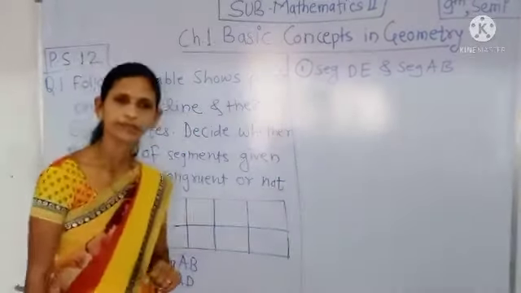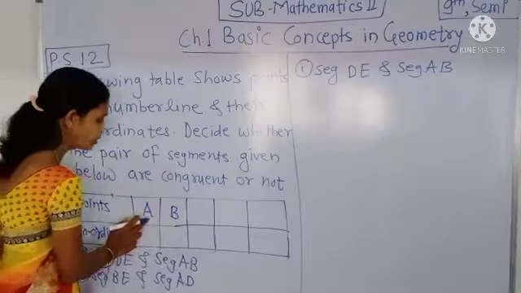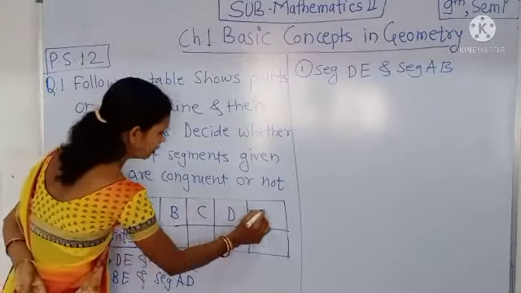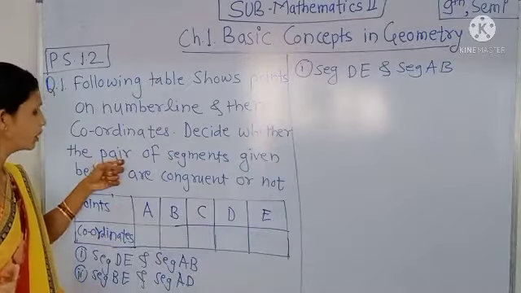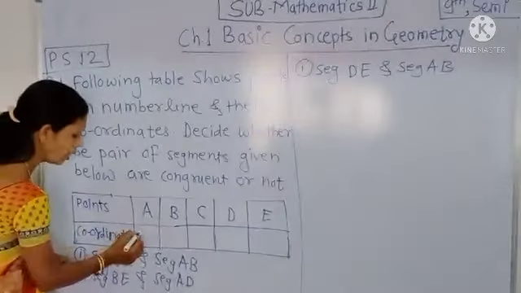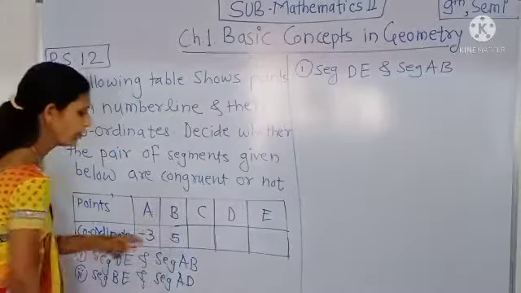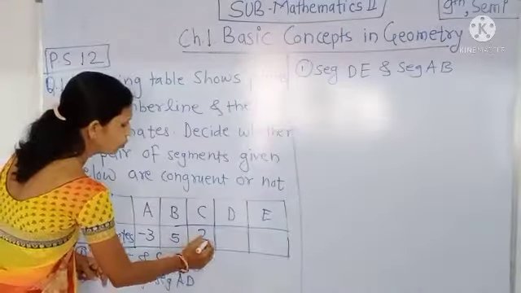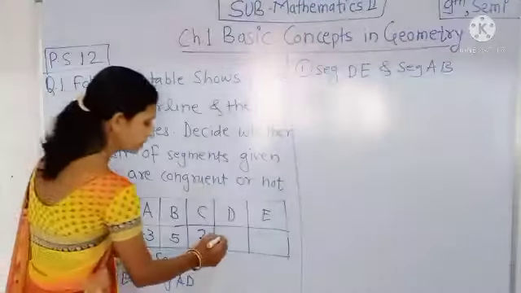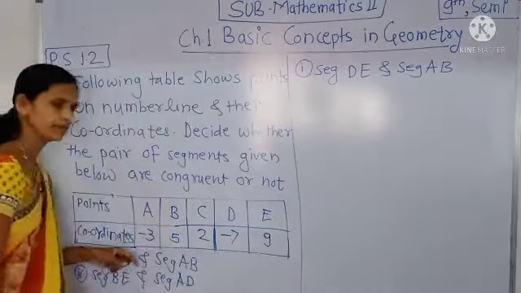The points are A, B, C, D and E. A has coordinate -3, B has coordinate 5, the coordinate of C is 2, the coordinate of D is -7 and the coordinate of E is 9.